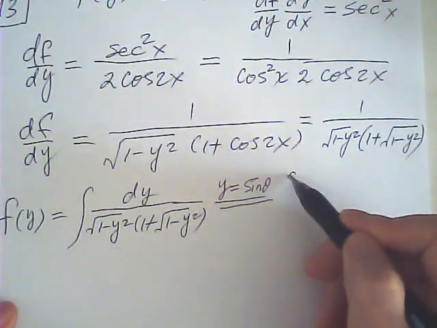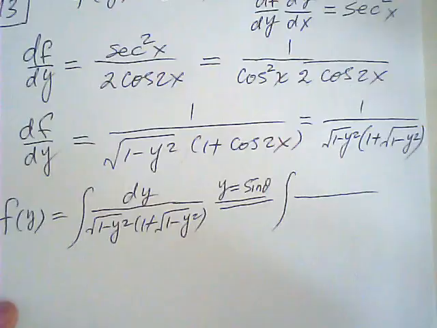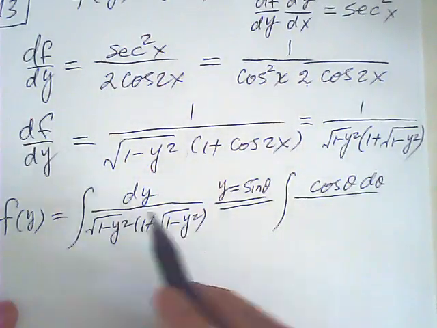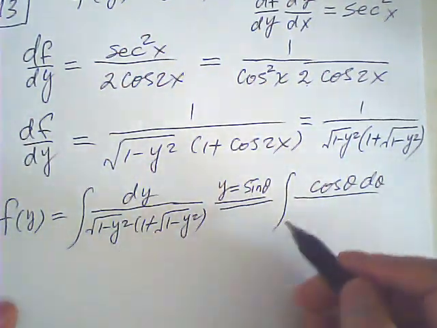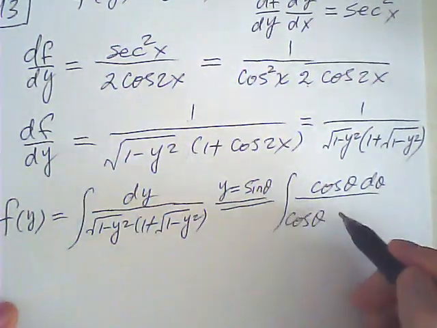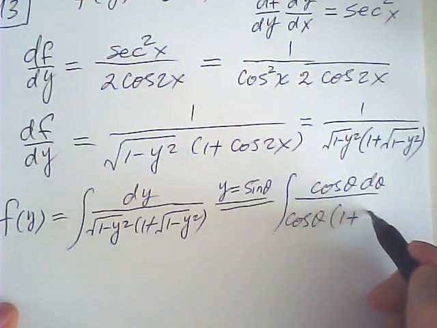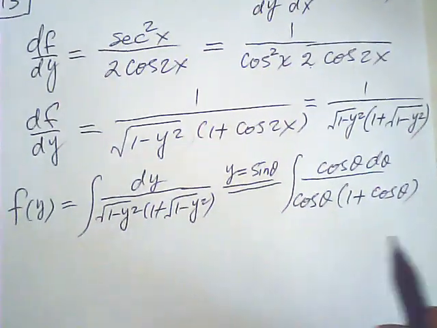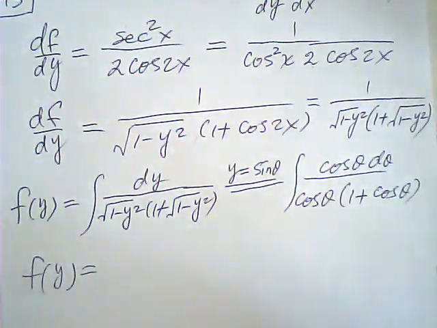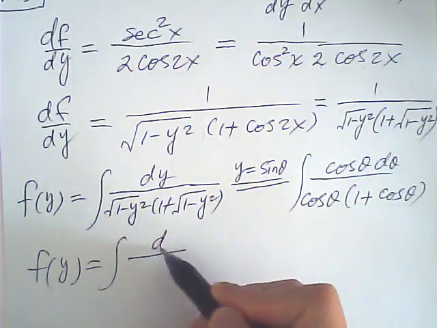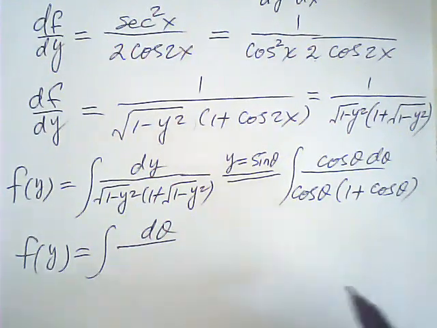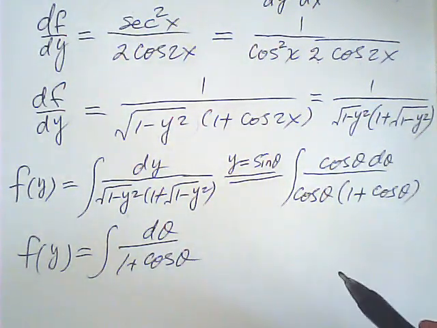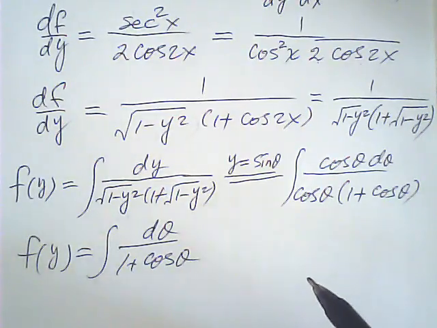So dy will be cosine theta d theta, the square root will be cosine theta, and this will be 1 plus cosine theta. So cancel cosine. So f of y is equal to the integral of d theta over 1 plus cosine theta. Wow, that is an easy integral.